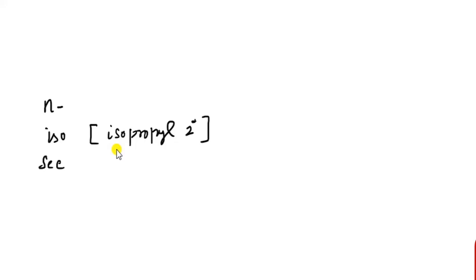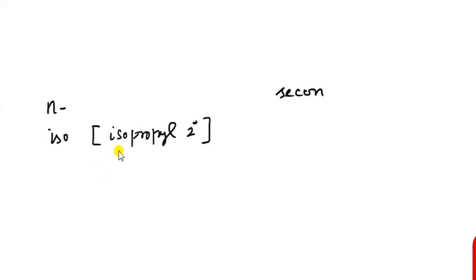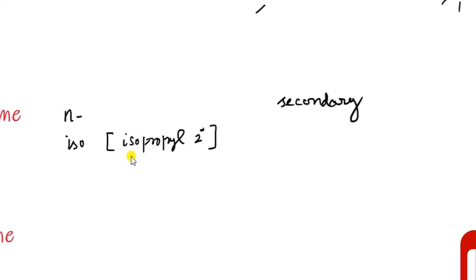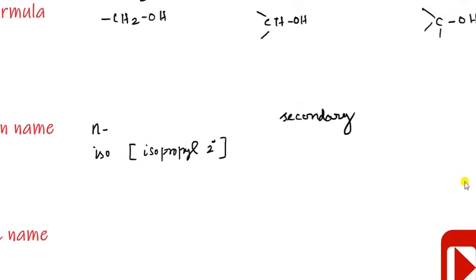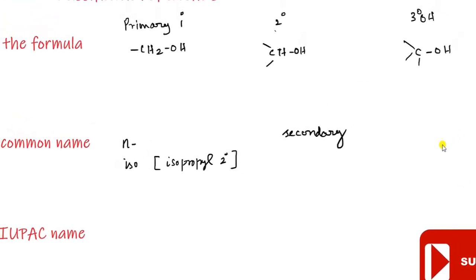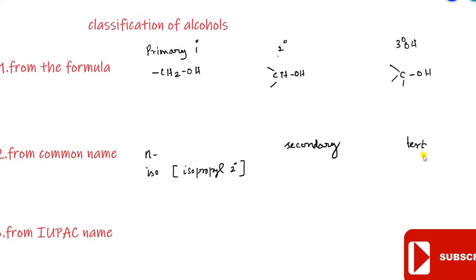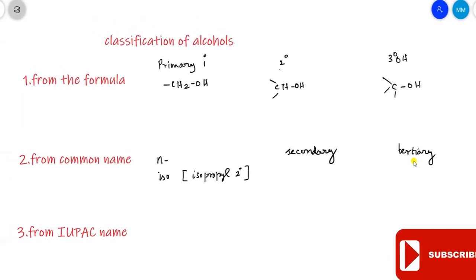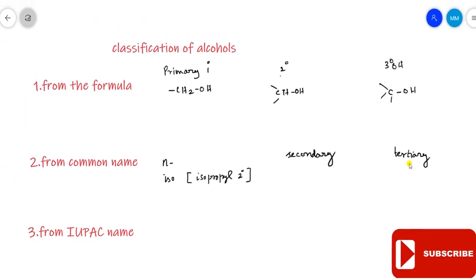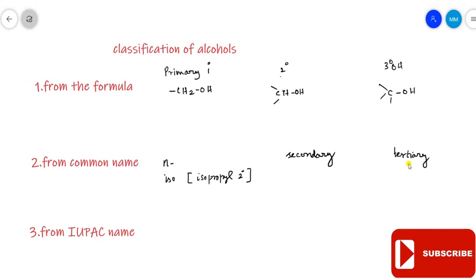The prefix secondary is for secondary alcohol. In case of tertiary alcohol, the prefix is tertiary. We will discuss some examples with these easy tricks.